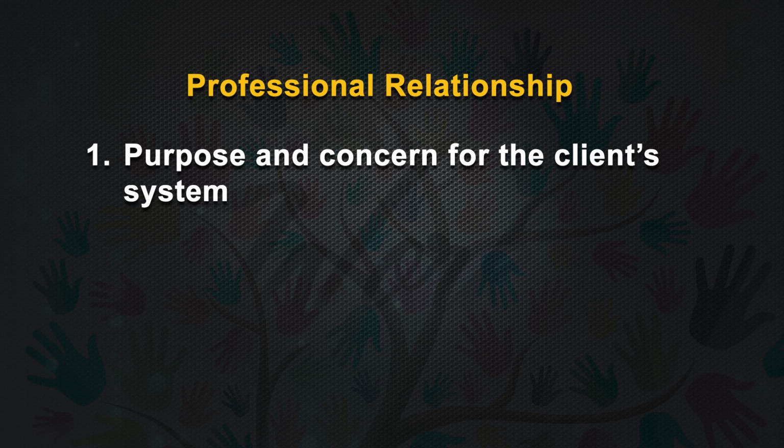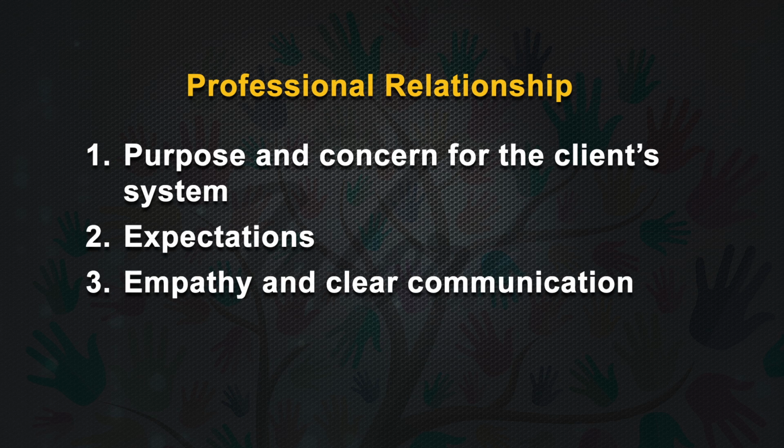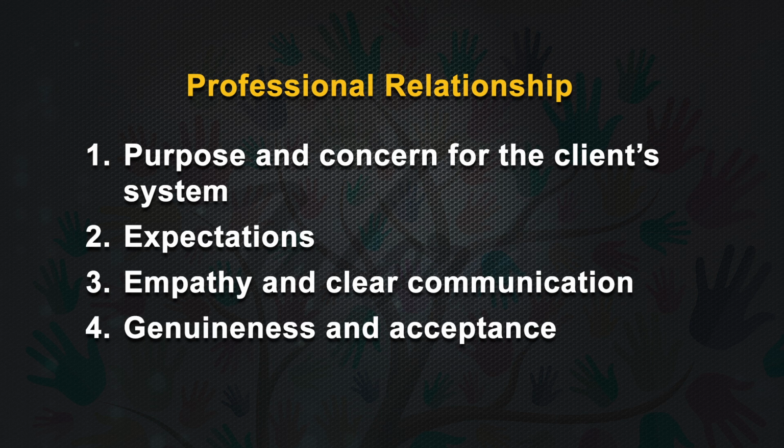The relationship has certain characteristic features. Now let us look into these features. First, purpose and concern for the client system. Second, expectations. Third, empathy and clear communication. Fourth, genuineness and acceptance. Fifth, authority. The worker shows concern and the client feels and realizes that the worker is willing to help him.